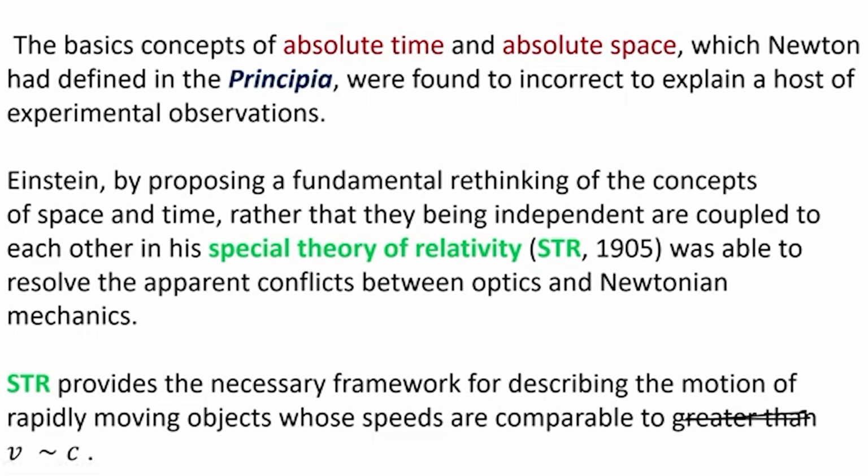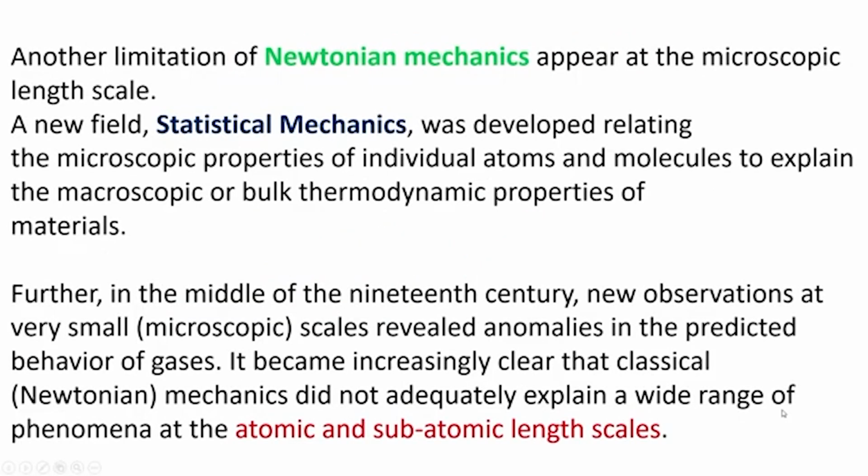The comparison is actually meant to be greater than, say, 0.1 c or something. So, if you at all think of greater than, it is like 0.1 c. Then the special theory of relativity comes into the picture, and it is very important for it to be taken into account.